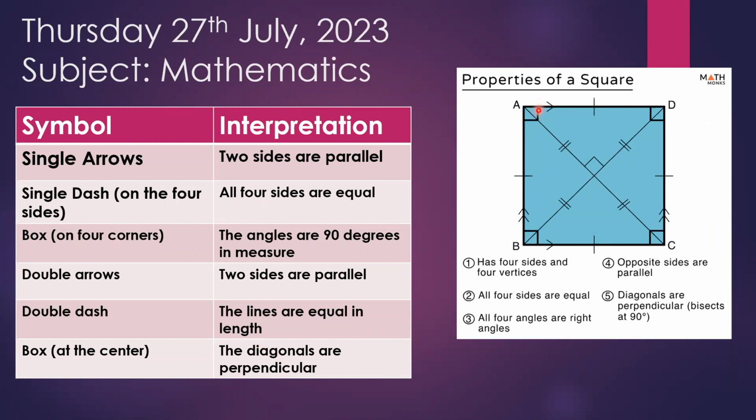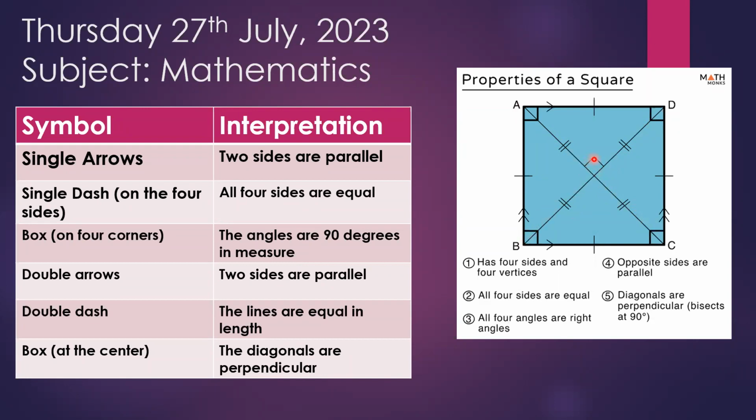So this box here, this box at A, D, C, and B means that each of these measures 90 degrees. This double dash on all four of these means that this line is equal to this line, which is equal to this line, which is equal to this line.